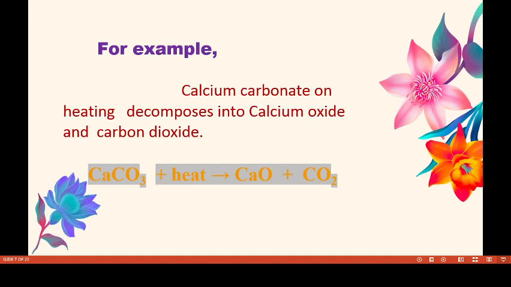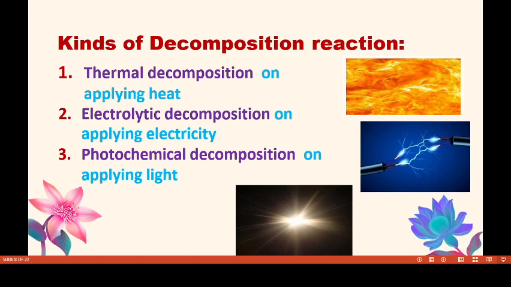When a decomposition reaction occurs on heating, it is called thermal decomposition. Before going to thermal decomposition, we have to discuss the kinds of decomposition reactions. Number one, thermal decomposition, on applying heat.